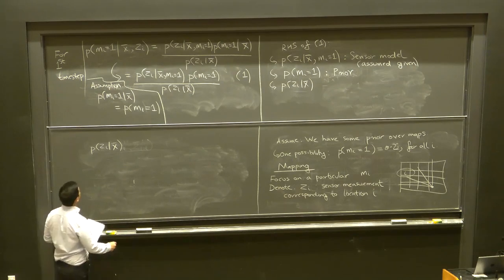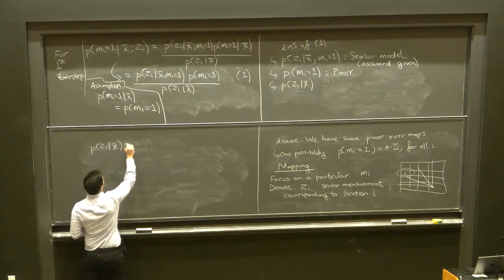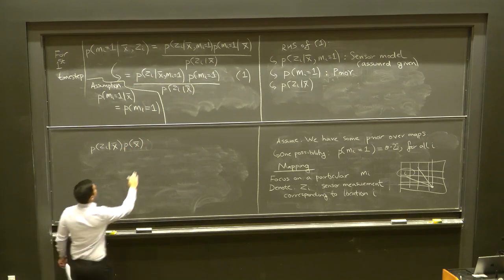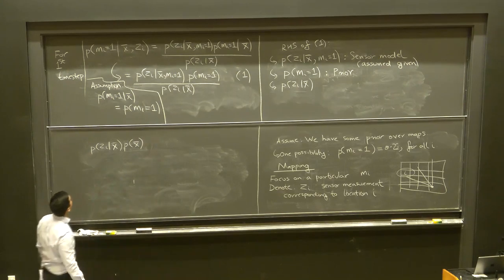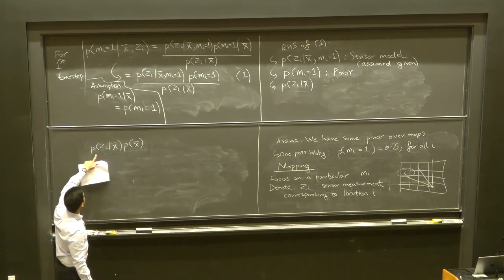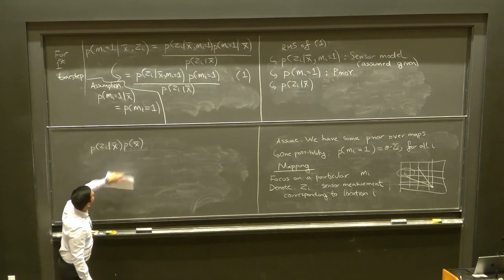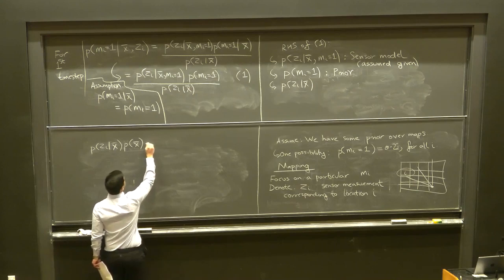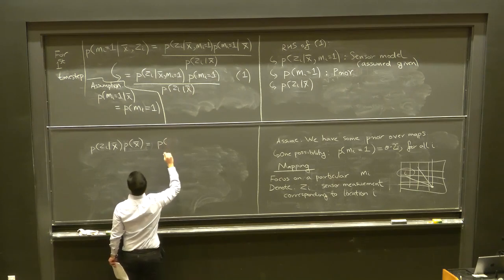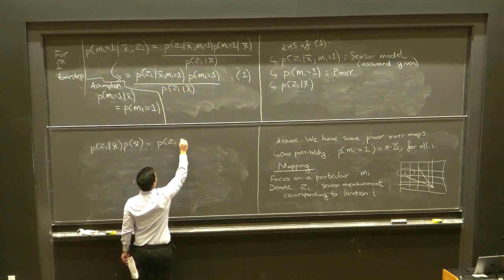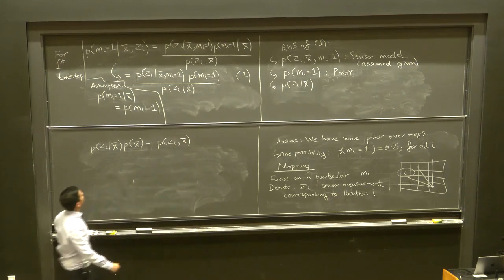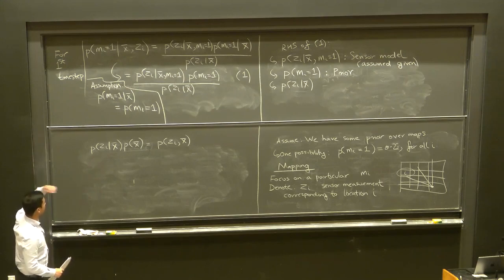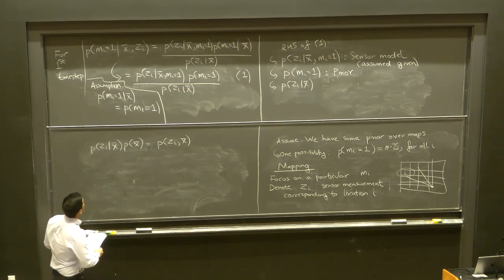By the rules of probability, which we discussed a few lectures ago, the product of the conditional distribution Zi given x times P of x is equal to the joint distribution. This is actually how we defined conditional probabilities when I gave the quick crash course on probability.